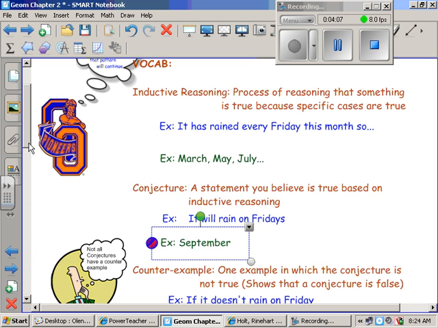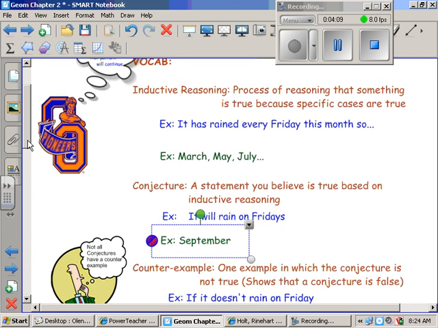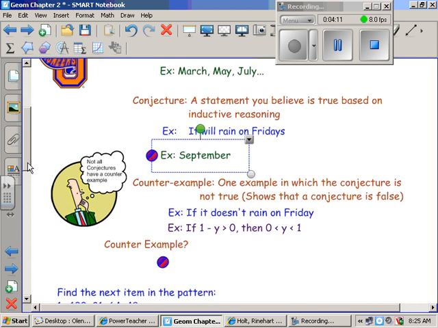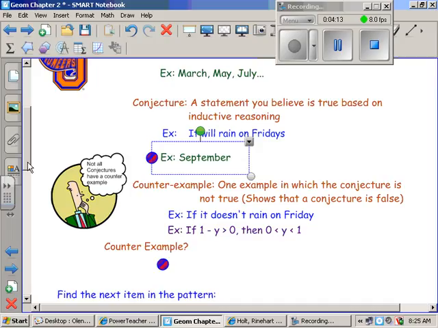And then counterexamples we've already studied. Remember, that's an example that makes your conjecture false. But not all conjectures have a counterexample, because some conjectures just are true.